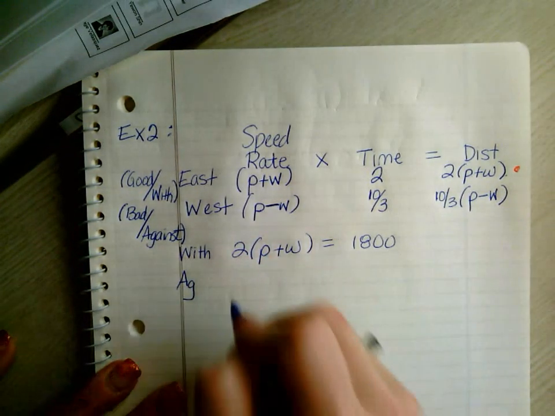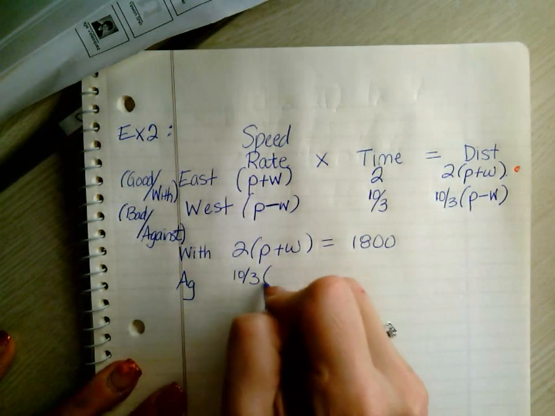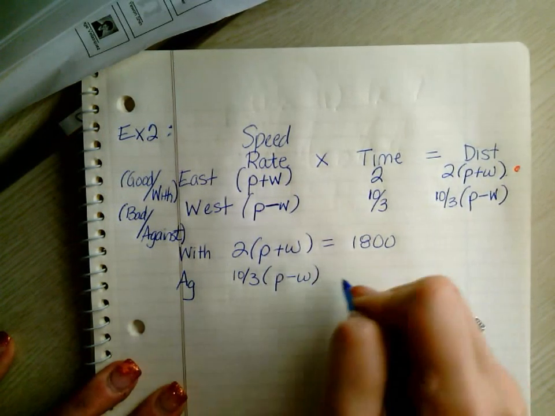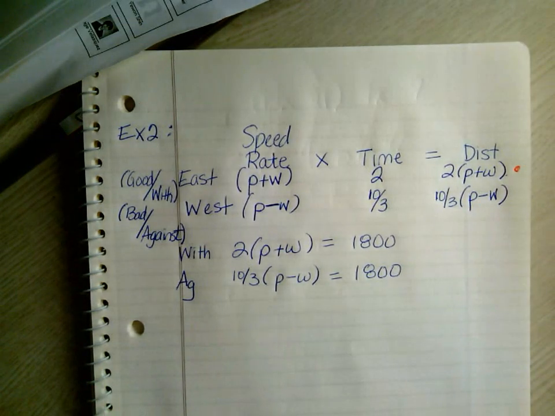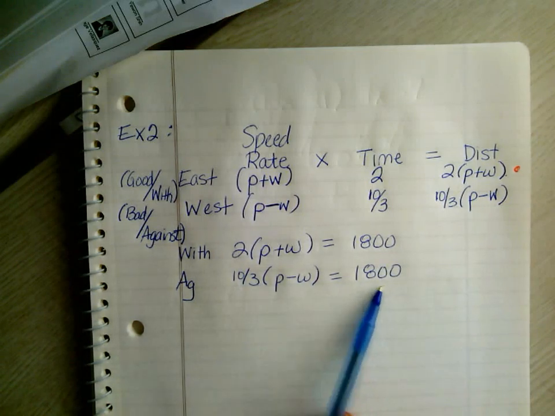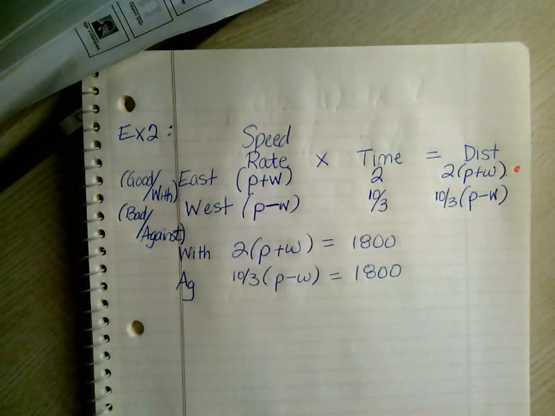Against was 10/3 times (p minus w) equals 1,800. What we want to know is what the plane's speed was, and what the wind speed was. The wind helped us going out there and hurt us coming back. Now, here's our system and our 2 equations.